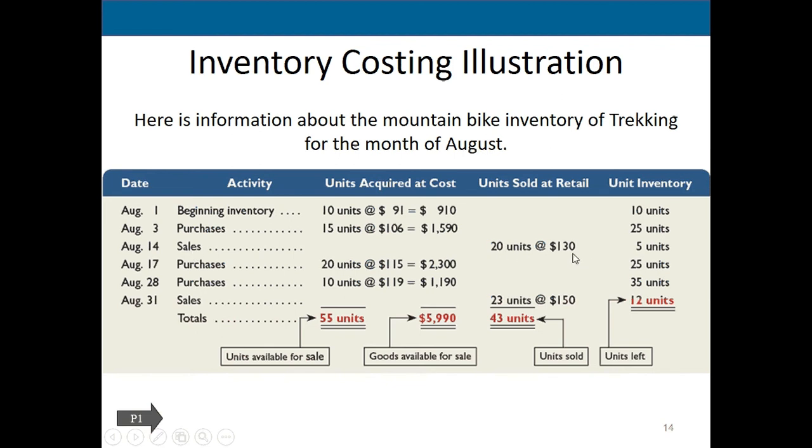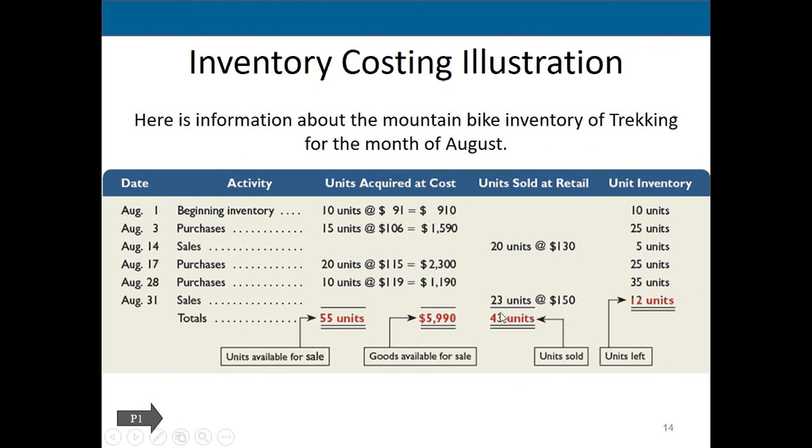I charge my customer $130 per unit. August 17th and 28th, I purchase more units at different prices each. By the end of August 28th, I have 35 units on hand. You see that, right? 10 plus 15 gives me 25, minus 20 leaves me 5, add 20 and 10 gives me a total of 35.